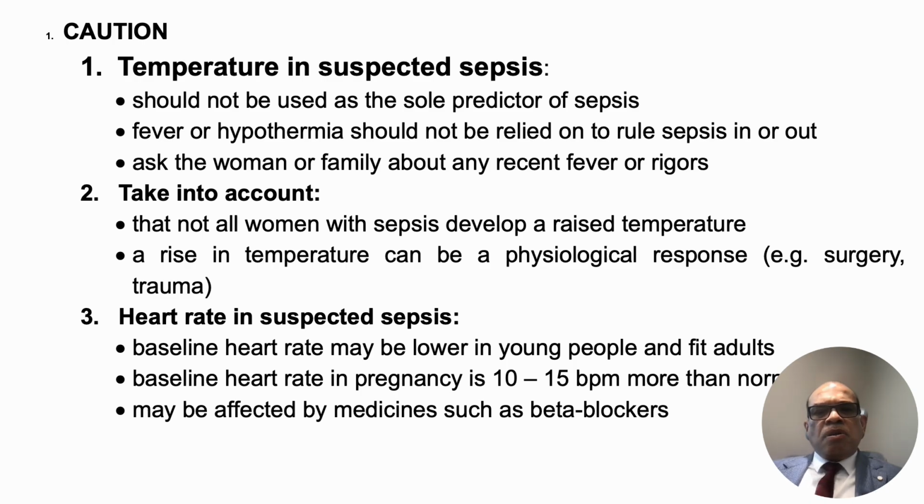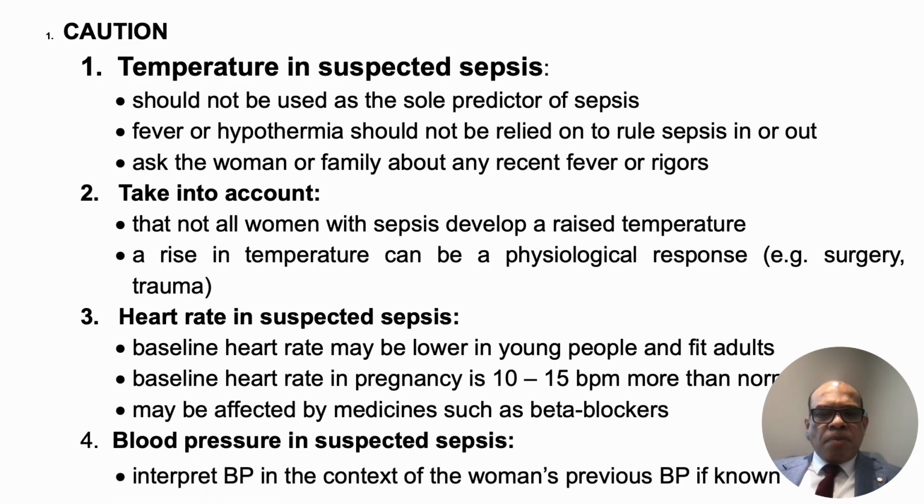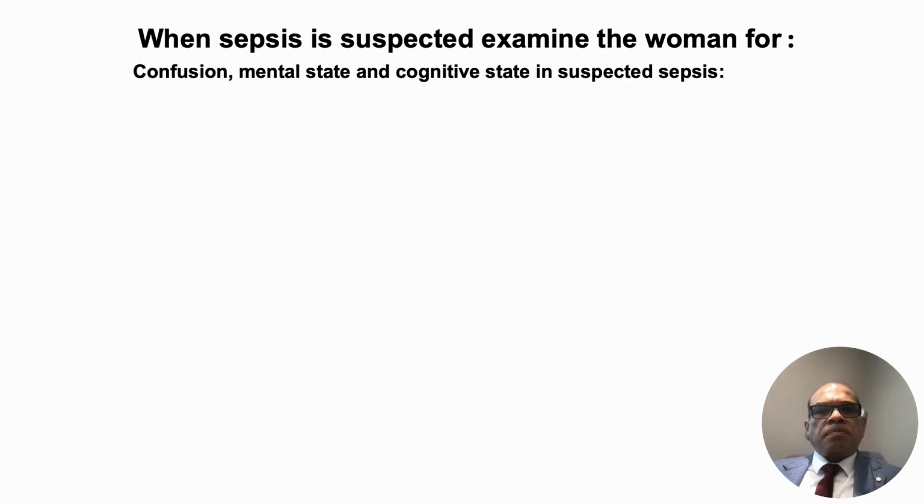And we need to look very carefully at the baseline heart rate. Please don't use set numbers for tachycardia. If my heart rate is 60 and if it goes to 80, I have tachycardia for me. I don't have to cross set population-based numbers. And some of the medications such as beta blockers, or if the woman is taking labetalol for preeclampsia, can also blunt the tachycardic responses.